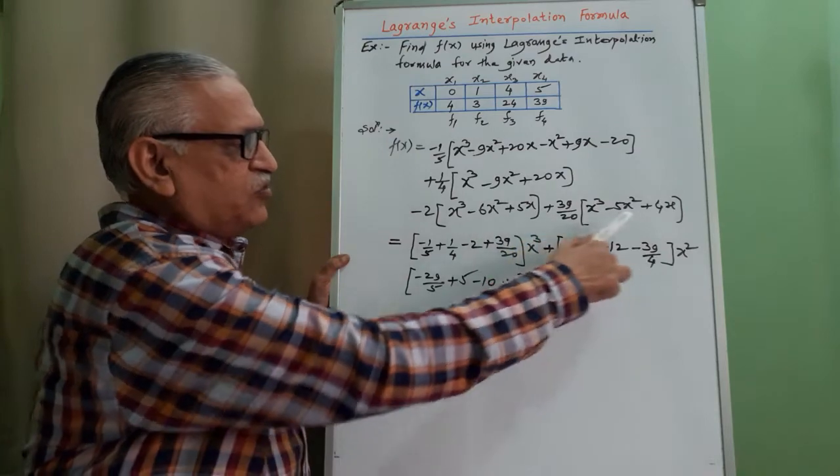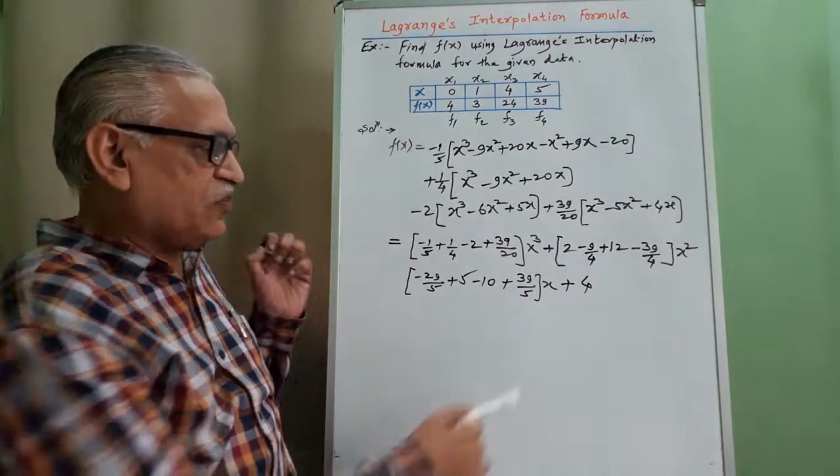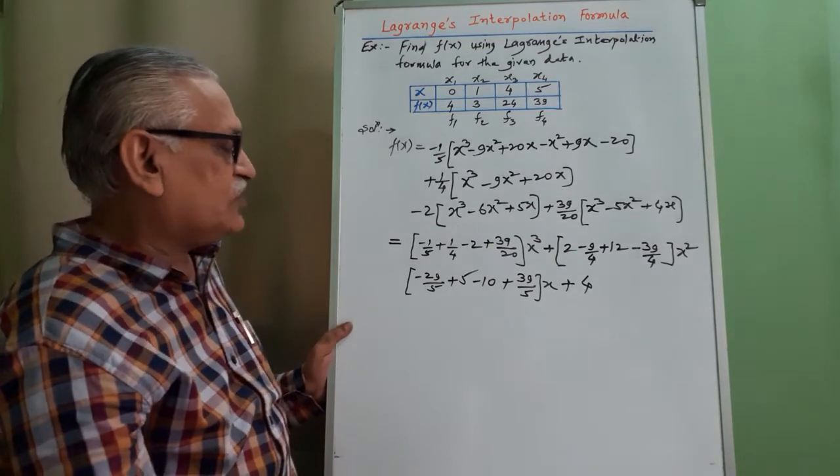No constant term in the remaining terms, only one constant term, that is plus 4.